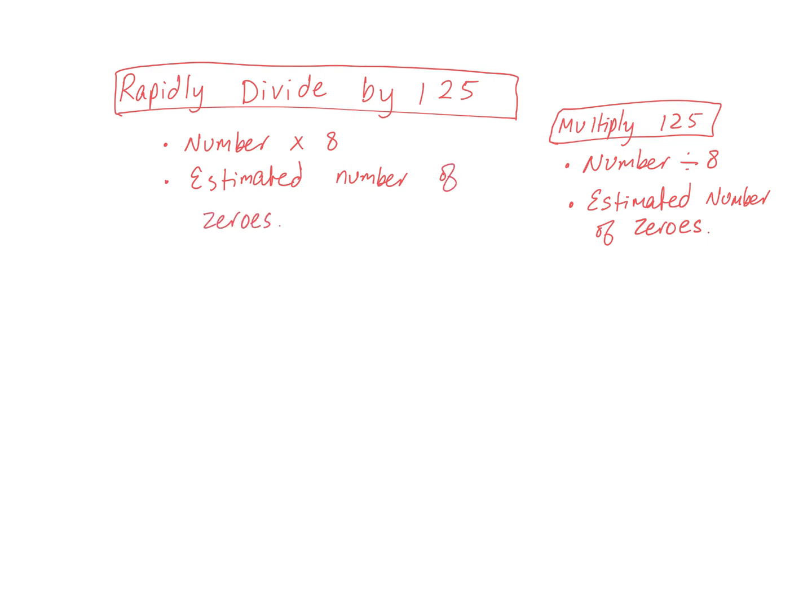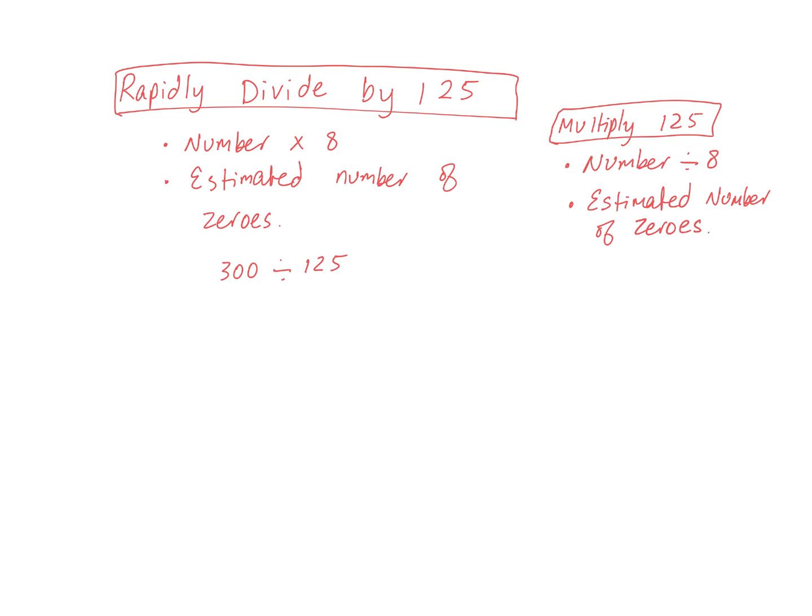Depending on what's being used, right? So there's some brainstorming to do before you can reach a conclusion. And that's where you might need some practice with that part. So for example, if I have 300 divided by 125.